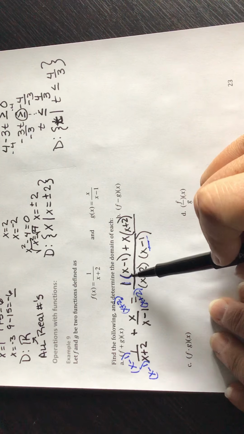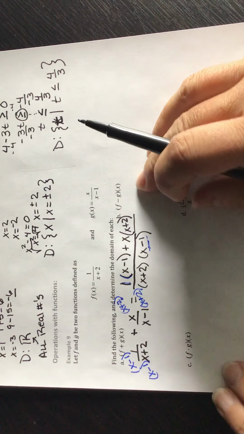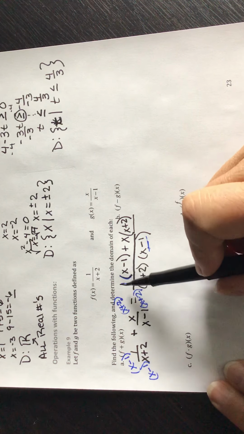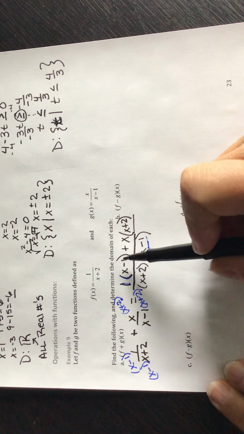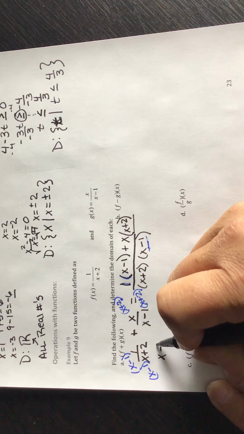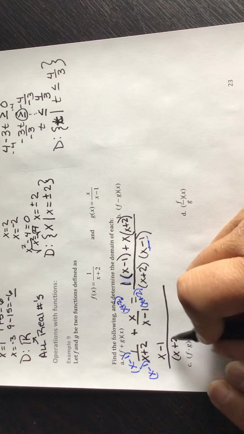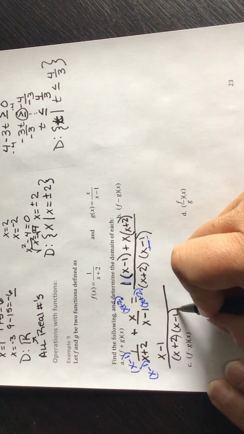Now I'm going to get rid of my parentheses on the top, and I'm going to simplify. So if I distribute here, I have 1 times x and 1 times minus 1, that's x minus 1. My denominator will stay the same, x plus 2 and x minus 1.